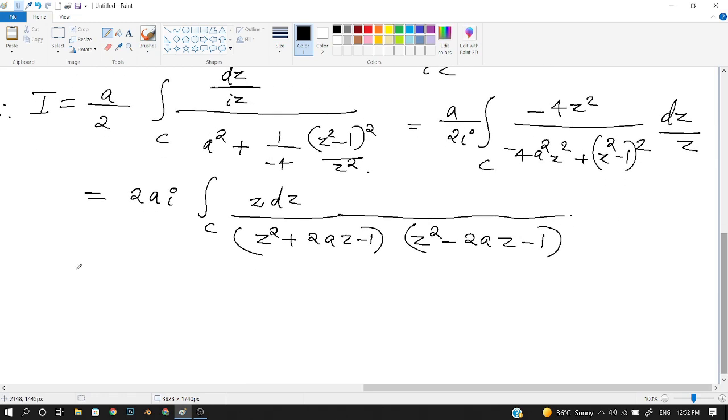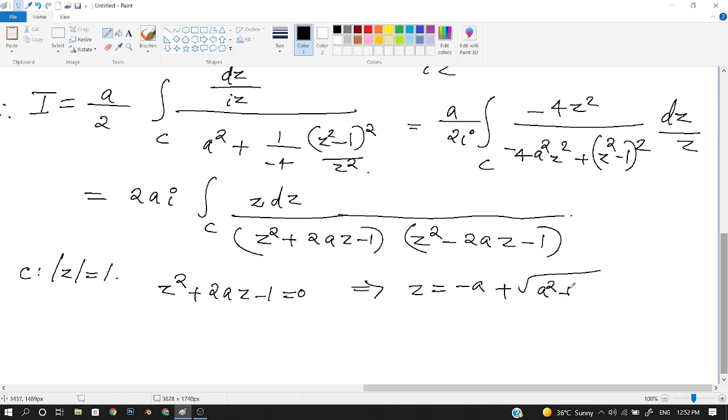Now here C is the circle, mod z is equal to 1. So z square plus 2az minus 1 equal to 0 implies z equal to minus a plus square root of a square plus 1 and z equal to minus a minus square root of a square plus 1.